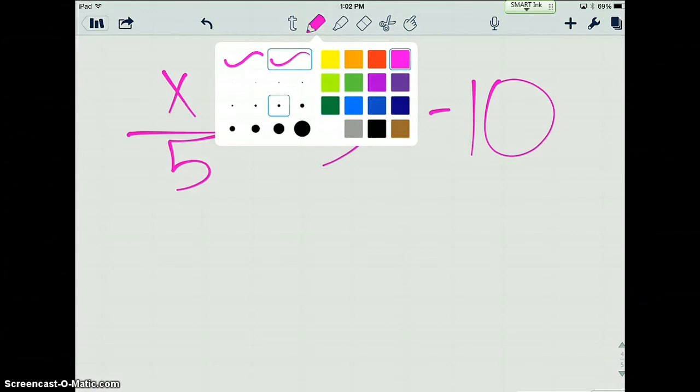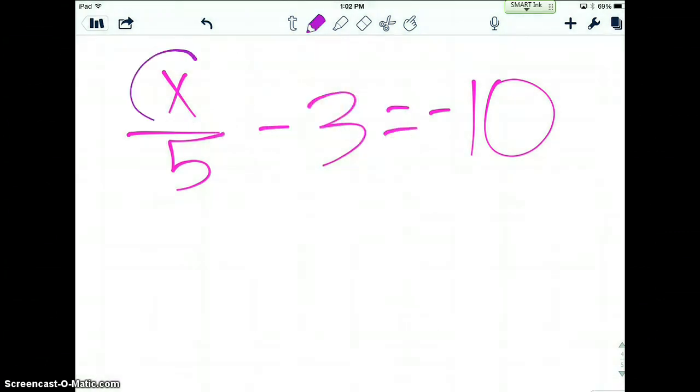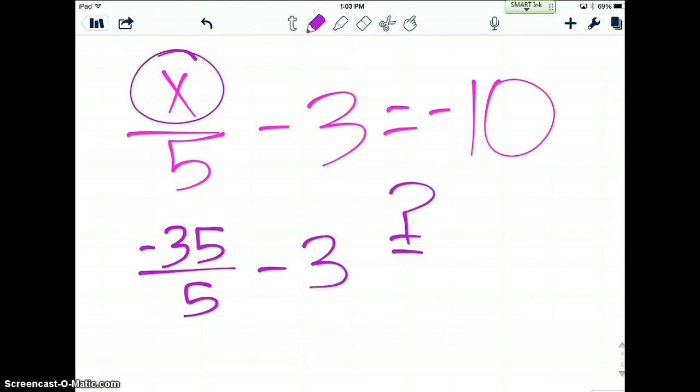Negative 35 over 5 minus 3, and we are questioning whether we think that's negative 10. So negative 35 divided by 5, do that first, order of ops, different signs, so it's going to be negative, and 35 divided by 5 is 7.